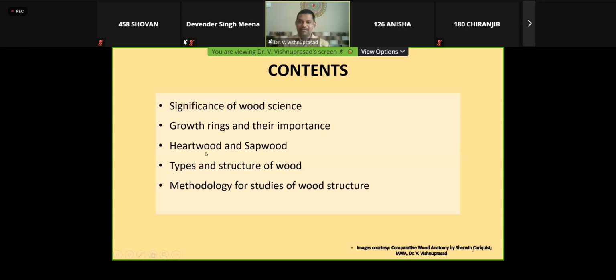So wood is something which we use in some way or other. For example, the chairs and the benches in which all of you are sitting right now, or the furniture at your home, right? They are made out of wood. Some of them are very costly. Everybody is aware, right? So we prefer furniture made of very good quality wood. Okay, the polished ones, right? The shining ones. So there are different types of furniture.